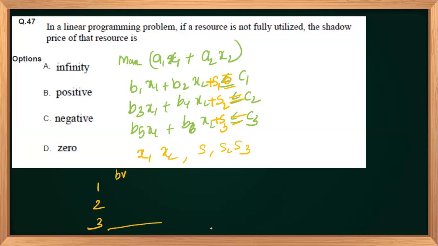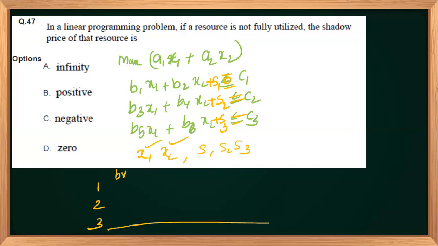And in the end, we will get some values of x1, x2. Suppose it is x1, x2, and s1, s2, s3. Suppose these two are coming in. See, there will be three basic variables. Suppose these two variables are coming in our solution. But we are quite sure that one of these slack variables will also come in our solution, right?